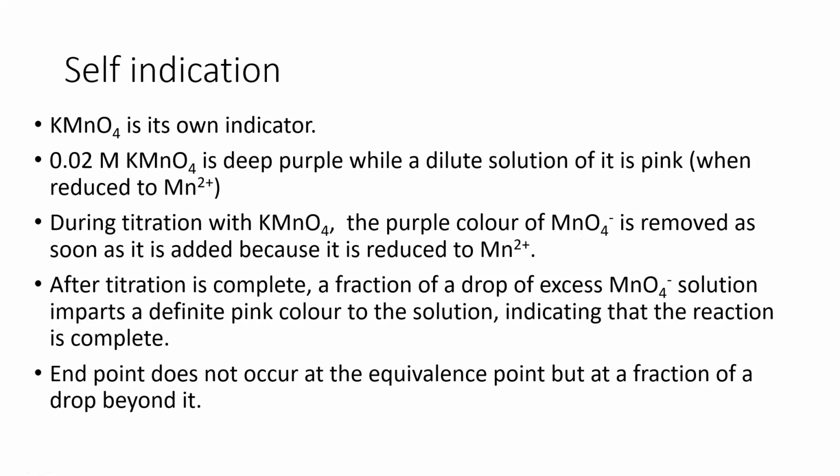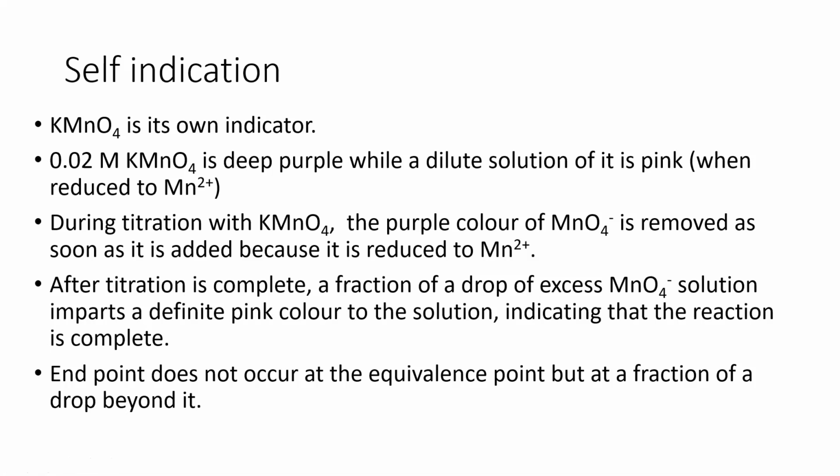As KMnO4 drops into that solution, it gets reduced to Mn2+ and becomes colorless. But as you keep adding, it gets to a point that a drop of excess KMnO4 would not find anything to react with, and that will leave a definite pink color.